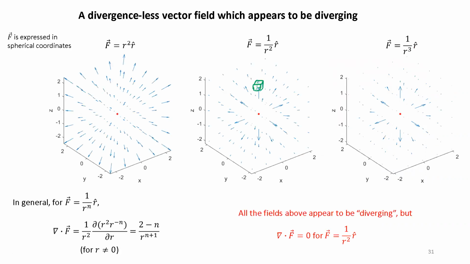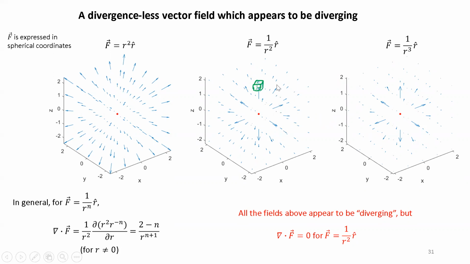So the take-home message is that we need to be careful about associating the appearance of the field with the divergence. They all look like divergent fields, but when we talk about the divergence of a field, we are really talking about the local behavior of the field.